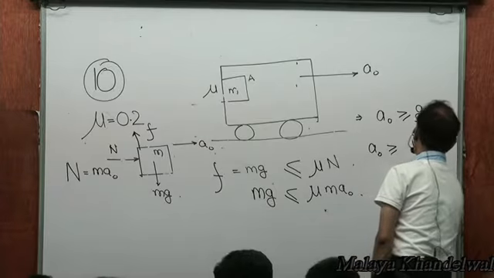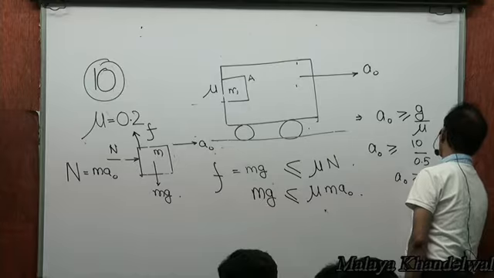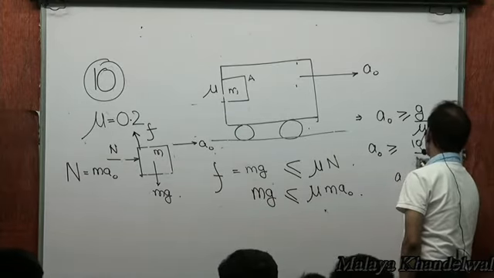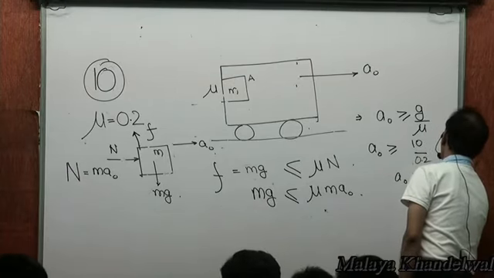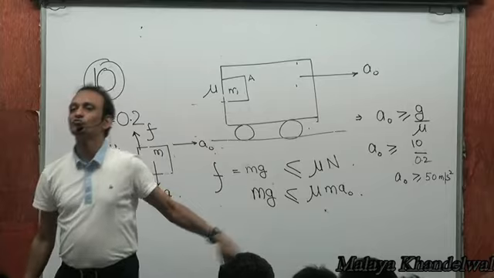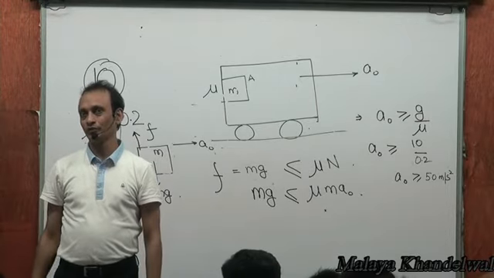So 50. What's the minimum a naught? Minimum a naught is 50 meters per second squared, so that the block does not fall on the ground.